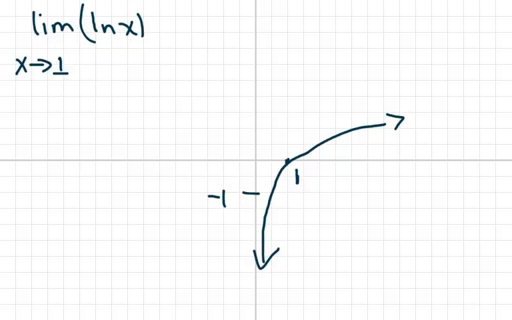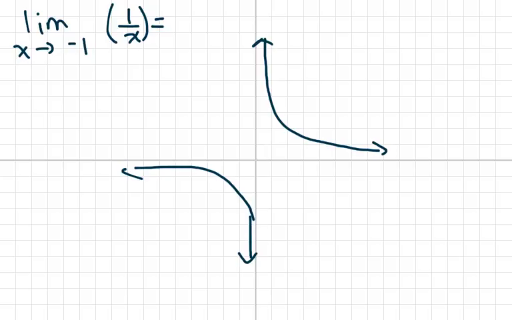Our ln of x, or natural log, we're looking as x approaches 1 from the left and from the right. So these are pretty simple. That equals 1.